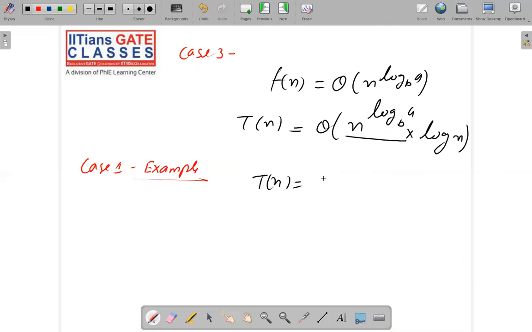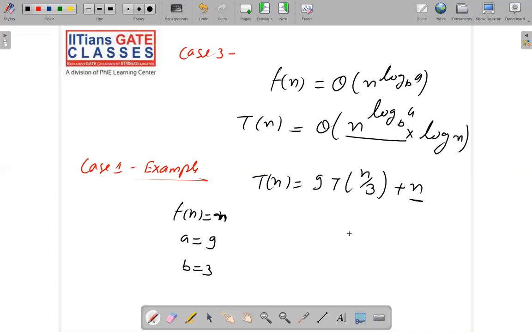Let's start with this example where T(n) is equal to 9T(n/3) plus n. Let's check what is a, what is b, and what is f(n). Right now f(n) is actually n. a is 9, b is 3 here.